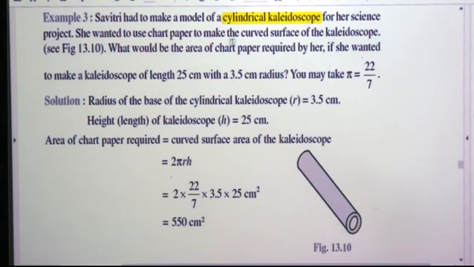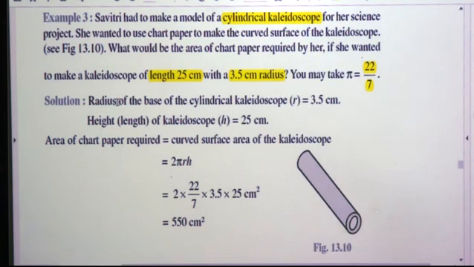It has been explained to us that the chart paper is to make the curved surface area of the kaleidoscope. What would be the area of chart paper required by her if she wanted to make a kaleidoscope of length 25 centimeter with a 3.5 centimeter radius, and the value of pi is 22/7.